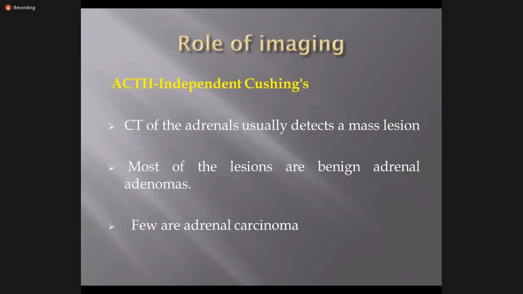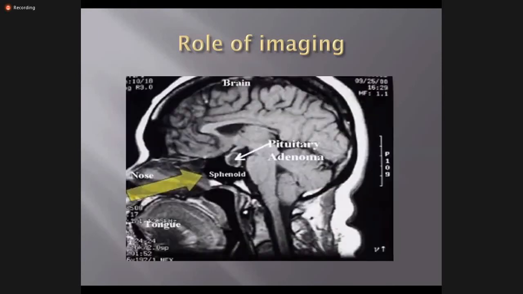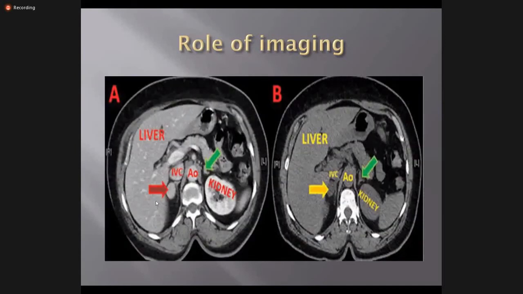Most of the lesions are either adrenal hyperplasia or, commonly, adrenal adenomas. This MRI of the pituitary shows, with the clear-cut arrow, an enlarged pituitary showing a pituitary adenoma. These are the enlarged adrenal glands, adrenal adenomas.